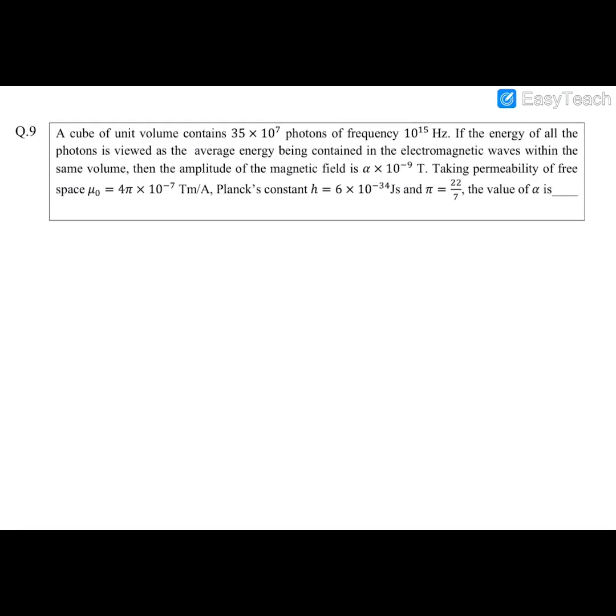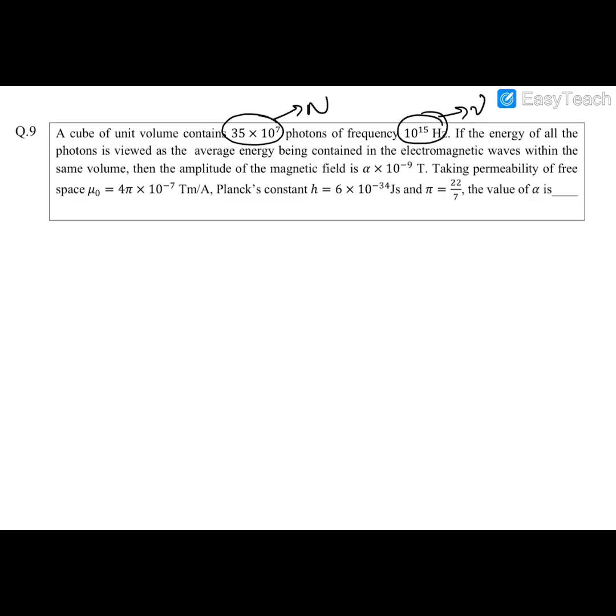In this question you can see that there is a cube of unit volume, and that cube contains 35 into 10 raised to power 7 photons. So let us name it as n, and the frequency of each photon is 10 to the power 15 hertz.